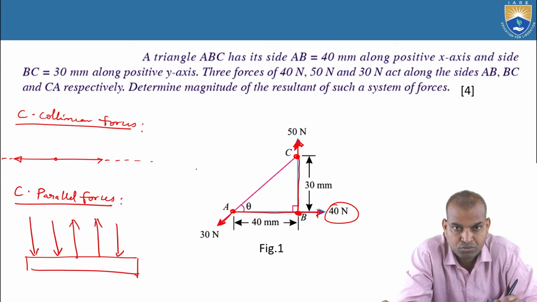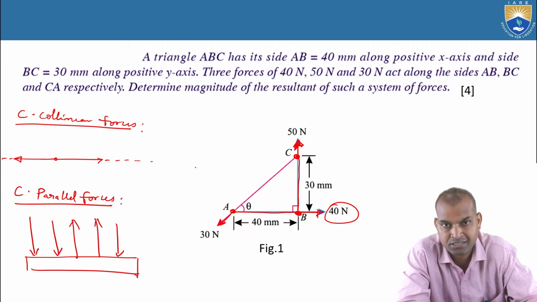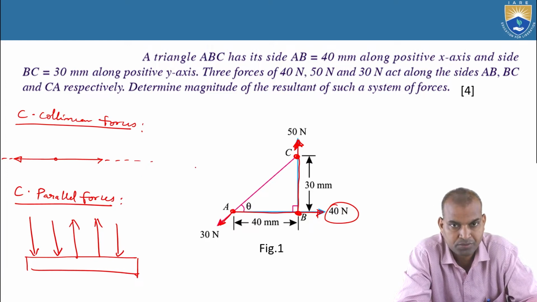Then what to do after resolving? We have to take the algebraic sum of all horizontal component values, and likewise the algebraic sum of vertical component values. Then the resultant force equals the square root of the horizontal component value whole square plus the vertical component value whole square. That is the magnitude of the resultant force.